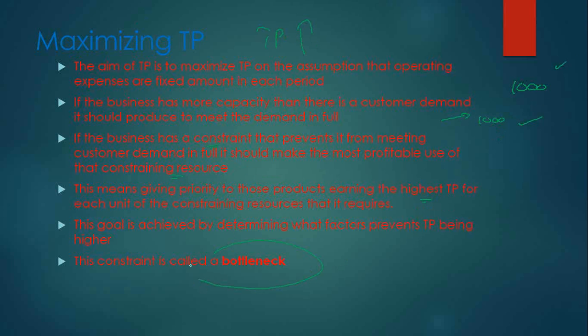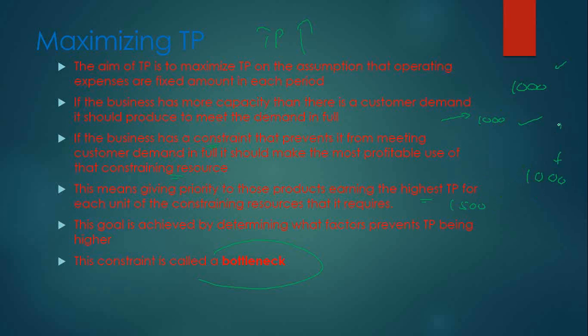So it can be the direct labor, it can be the machine hours, it can be the material, whatever that is going to block me from meeting the demand is what we call a bottleneck. But on the other hand, if the demand is 1000 and if you have capacity for 1500, don't produce 1500 because you are not going to add any TP.